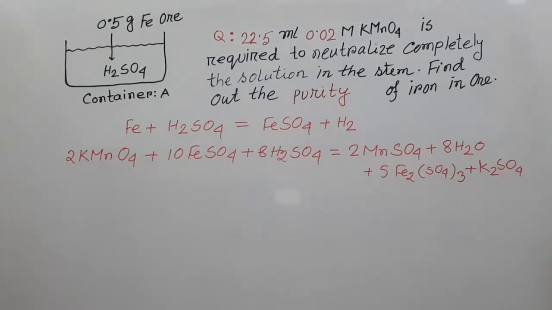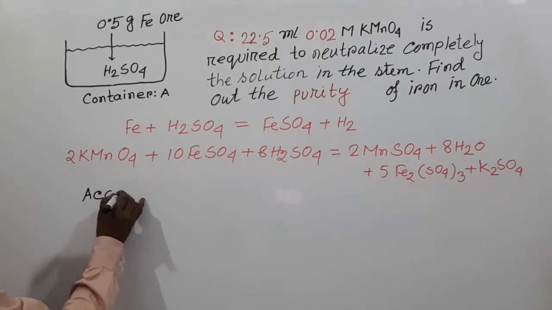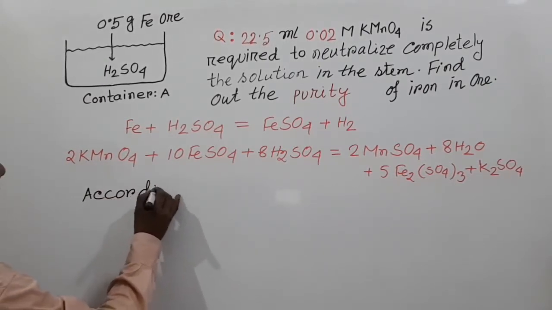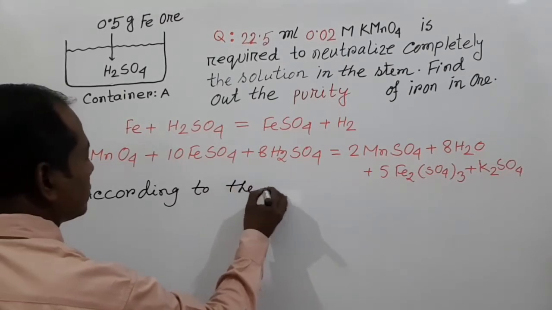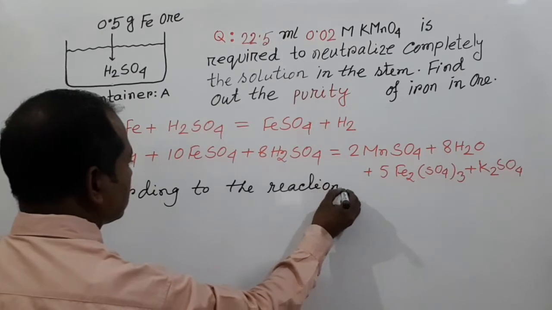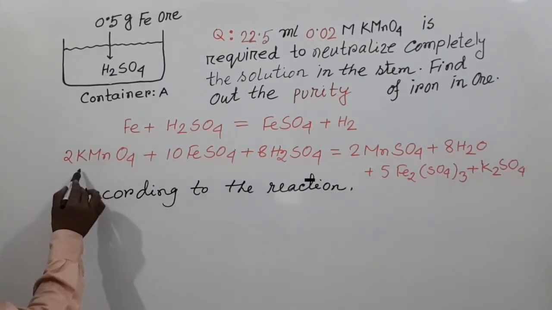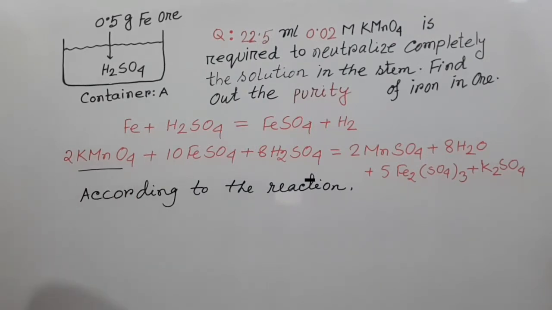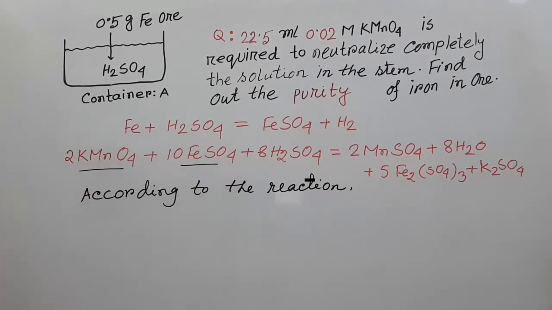So, according to the reaction, we can see that 2 mole potassium permanganate reacts with 10 mole ferrous sulfate.